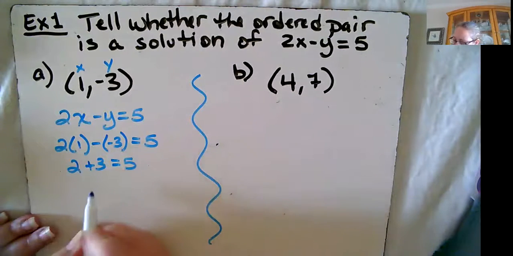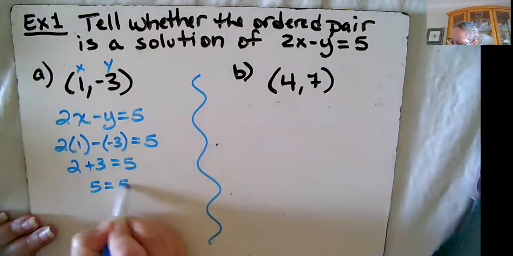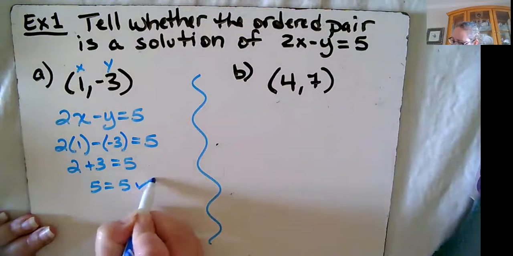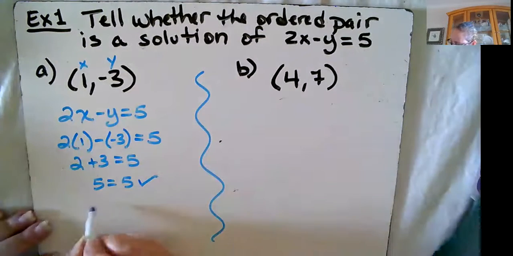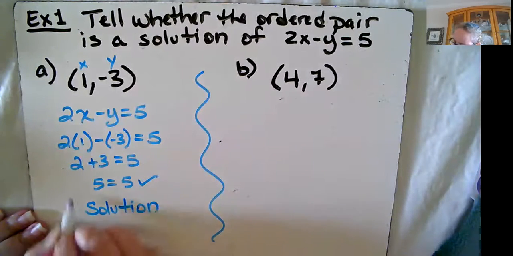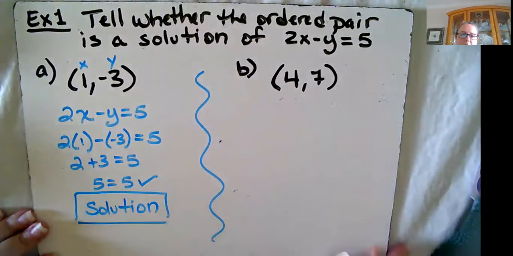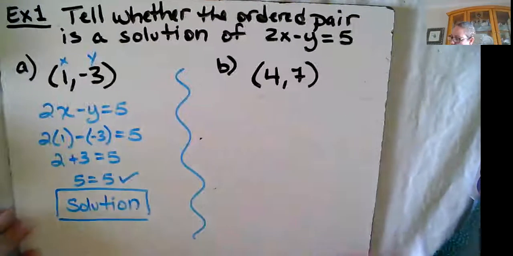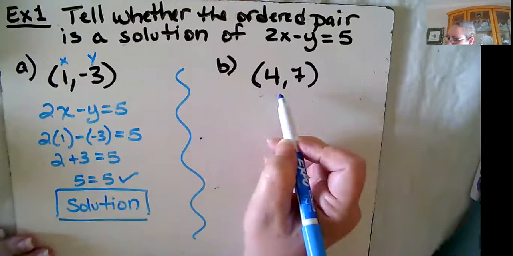When we simplify the left, we get 5 equals 5. Since we got a true statement, that ordered pair is a solution to the equation.